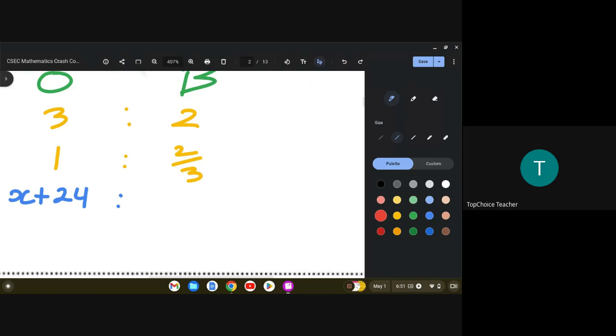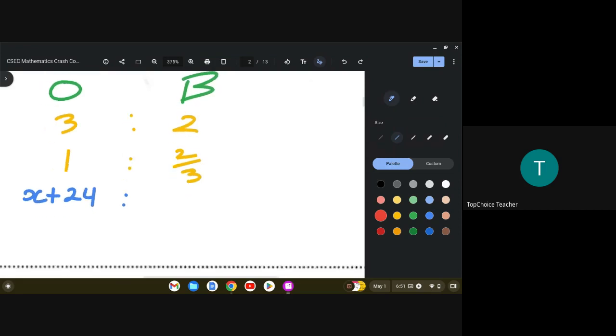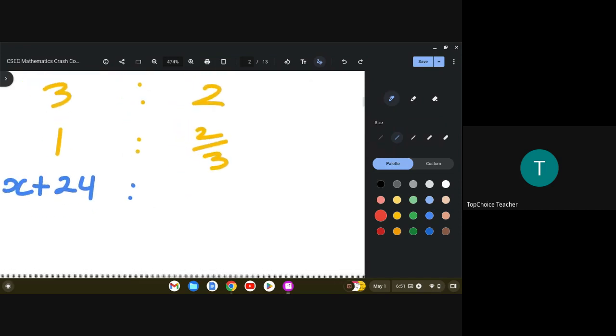Remember when we were doing it, this was the 17, this was the 5. We multiply the 17 by the 5. Same thing we're going to do here right now. In order to find the number of bananas, you need to multiply the 2/3, let me use the blue, by the x plus 24. I'll go back to that again with you just now. 2/3 multiplied by the x plus 24.